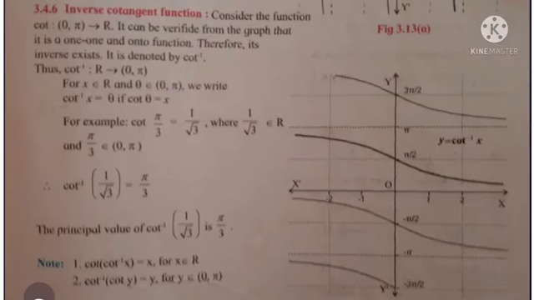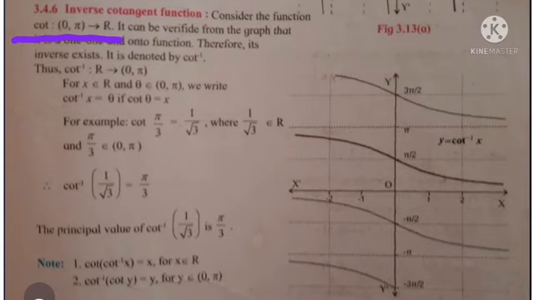And lastly, the inverse cotangent function. Cotangent function: cot from 0 to pi to R is the inverse cotangent function.